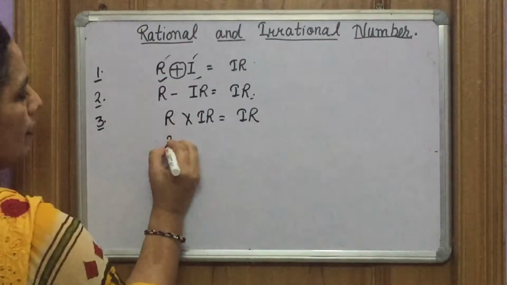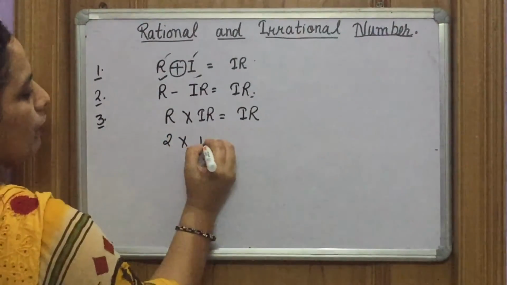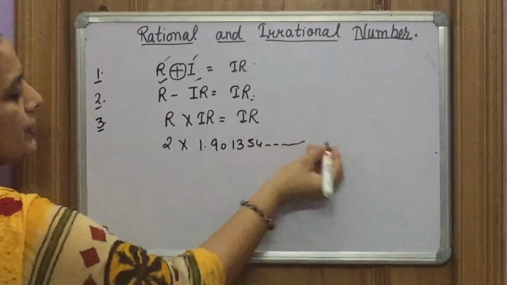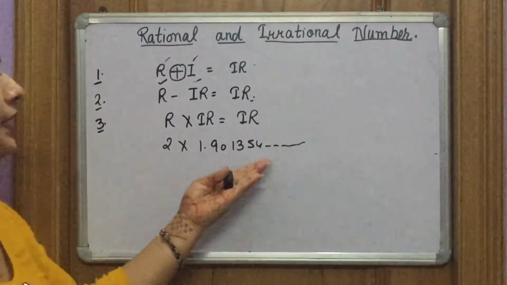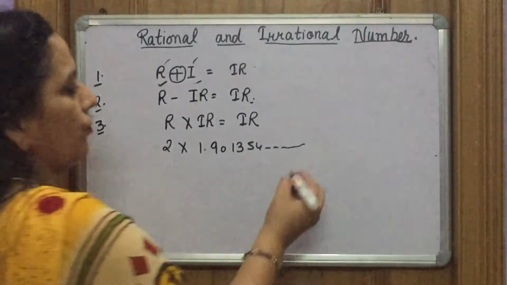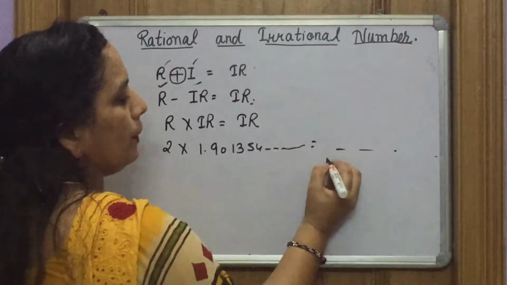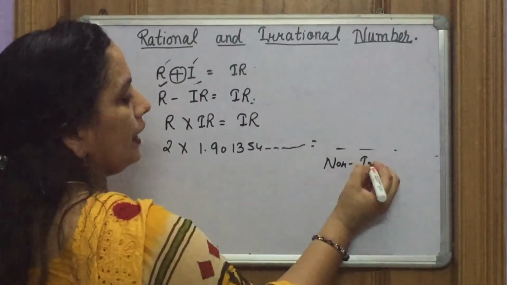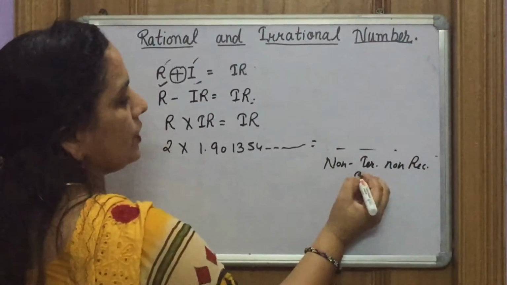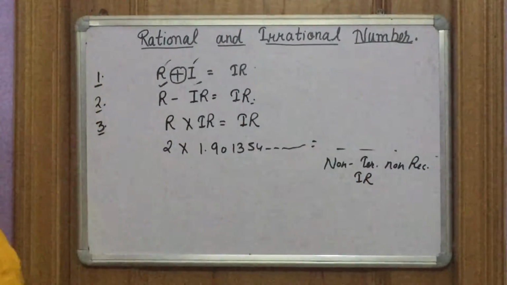You can take an example. 2 multiplied by 1.901345 and so on. This is again irrational. If we multiply this term by 2, the final answer will also be non-terminating and non-recurring, which is again irrational.